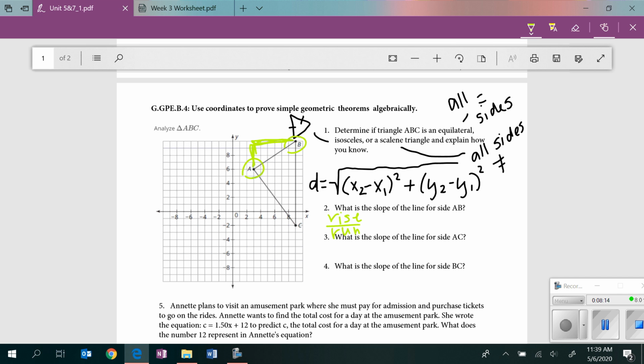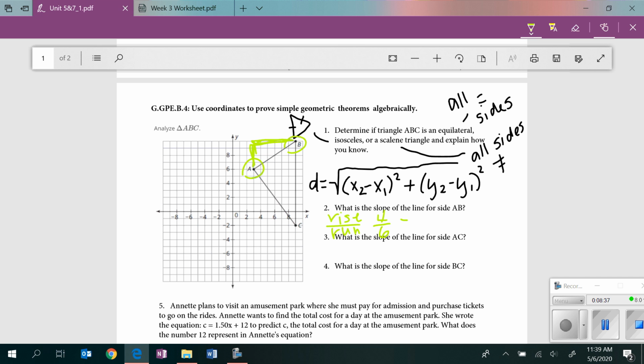So in order to get to the same height as B, I needed to go 1, 2, 3, 4 up. And then to get to the same x coordinate of B, I needed to go 1, 2, 3, 4, 5, 6 to the right, which is a positive direction.